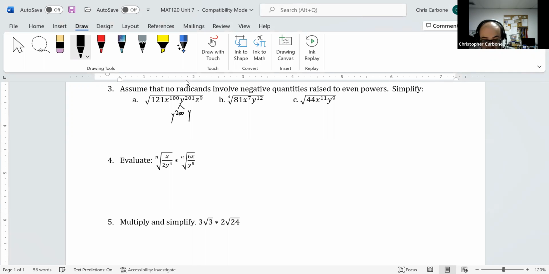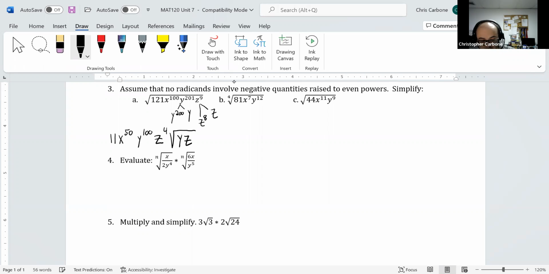And we could separate z to the 9th into z to the 8th, which is also a perfect square, and z to the first. So this whole expression can simplify, taking out all the perfect squares, to be 11 times x to the 50th times y to the 100th times z to the 4th times the square root of y times z.